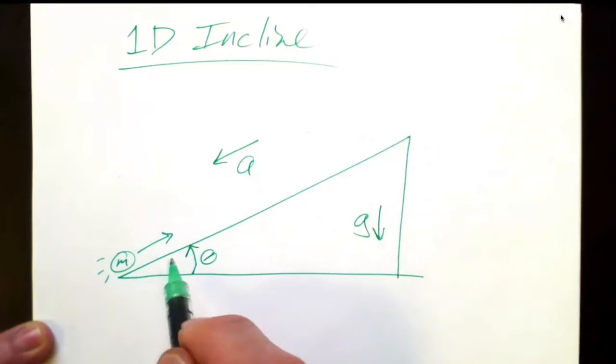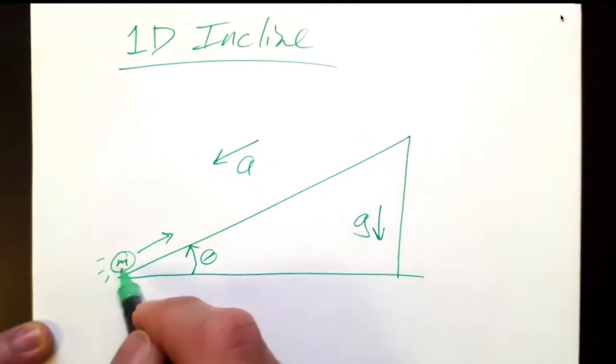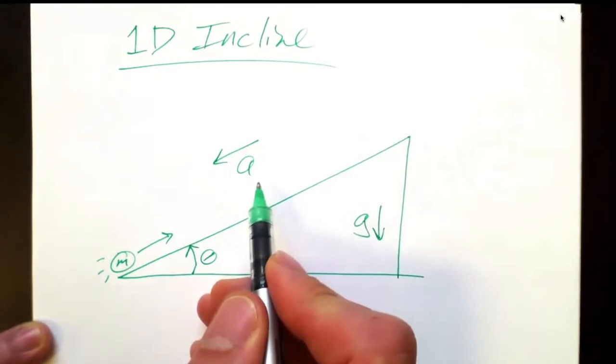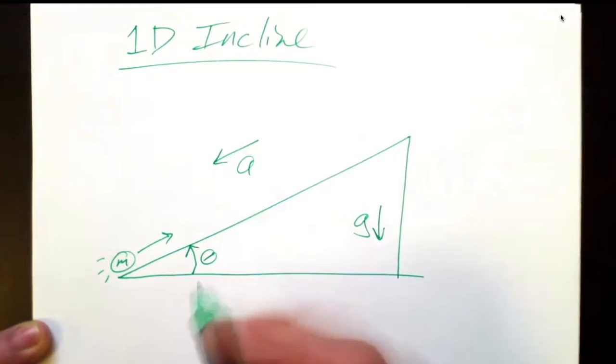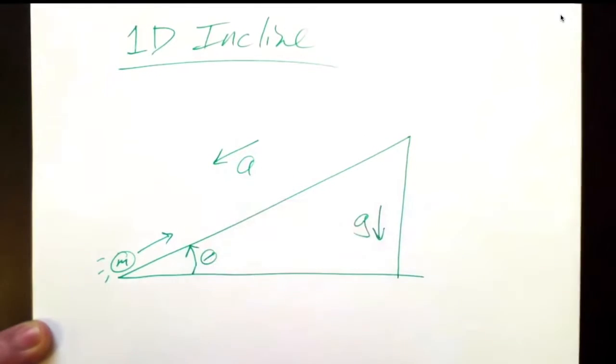And since the hill does not change angle or direction any time while m is rolling or moving around on it, the acceleration never changes. The magnitude never changes, and the acceleration direction never changes.